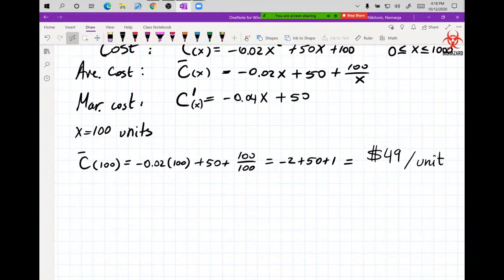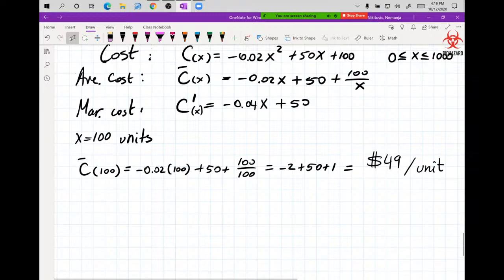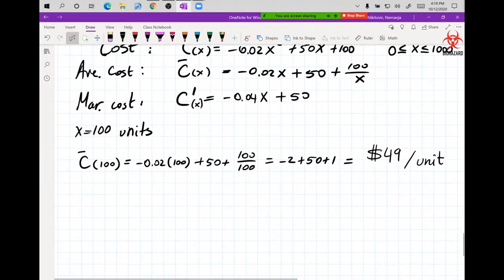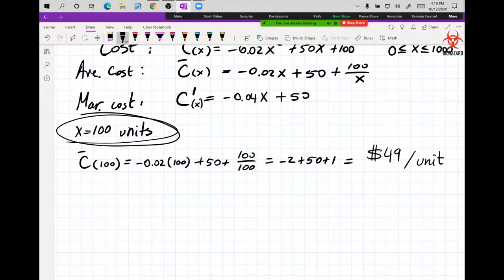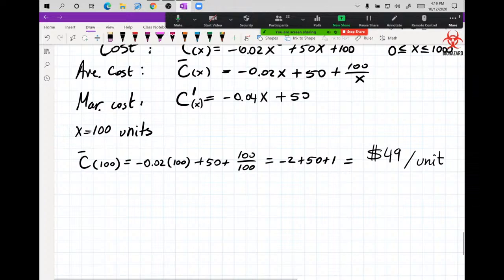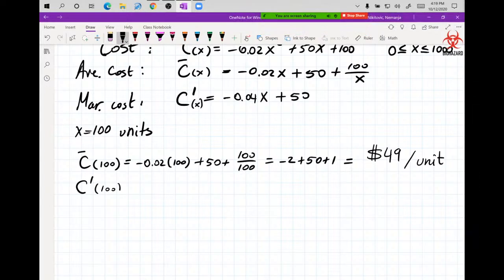So now let's take a look at the marginal cost for this business. So now I know that I need to set my price much higher than 49 bucks so that I actually turn profit if I'm making only 100 units of my product. How about C prime of 100?